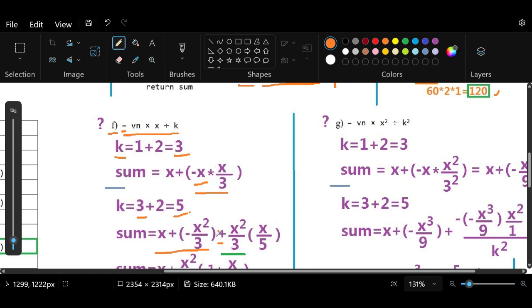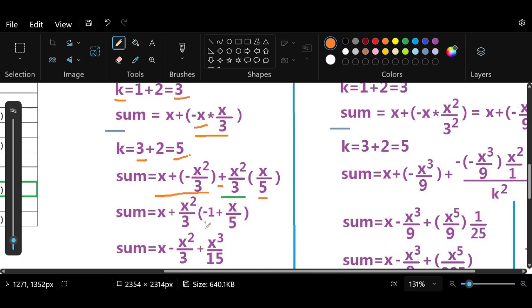And so what we get would be a plus x squared divided by 3, and then we need to multiply it with x divided by 5, where 5 is the k. That's why what we'll get would be this x plus this one. Actually, I think we can disregard this one. Don't need to add it.